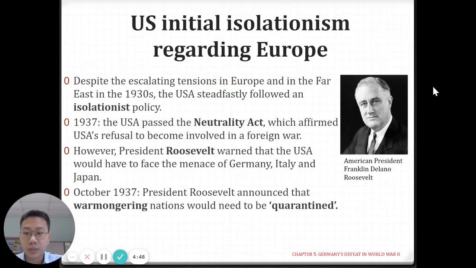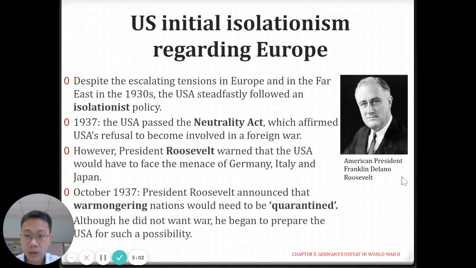So basically, a country like Germany and Italy, there will be a need to quarantine them if there were any more aggressive actions coming forth from them. So, although he didn't want war, he began to prepare the USA for such a possibility of war breaking out.